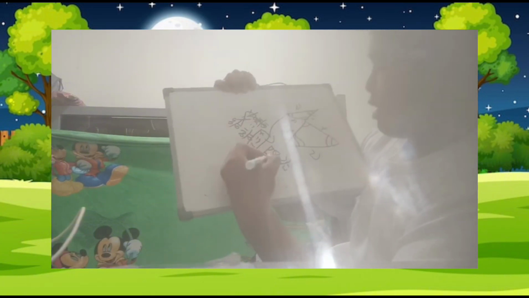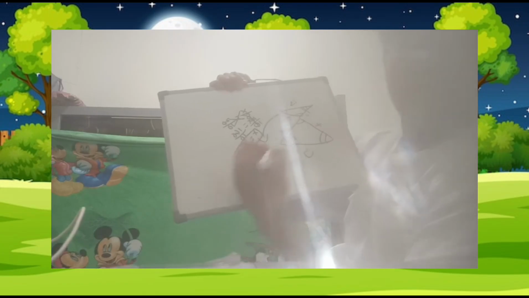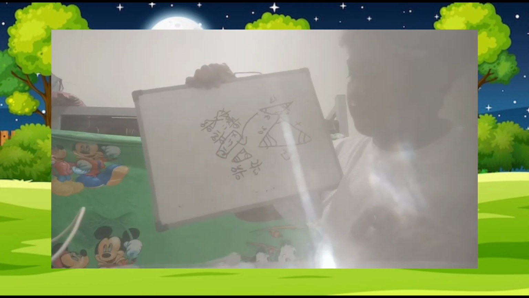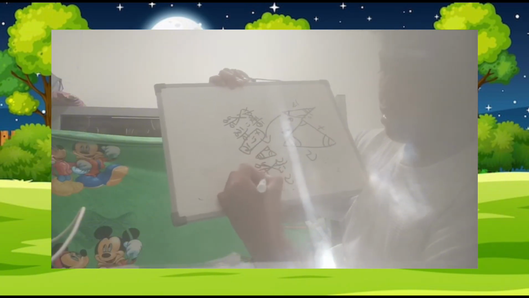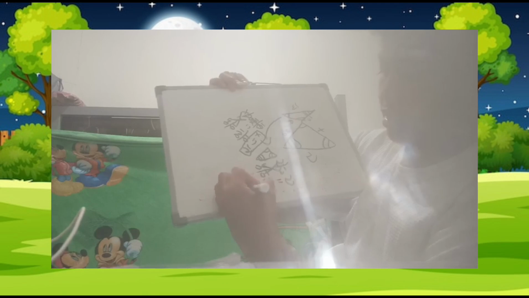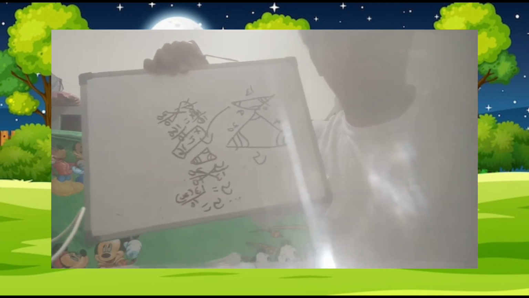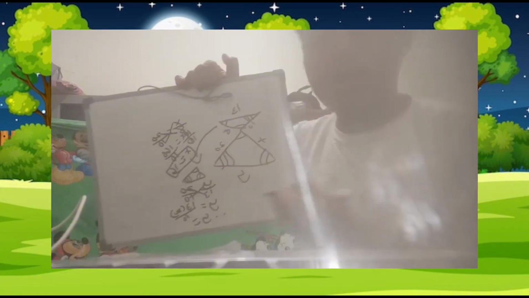Hanapin natin yung y over 13 kasi magkatapat. And then 20 over 10. Cross multiply. Y is equals to 13 times 20 over 10. Y is equals to, so this will become 26.